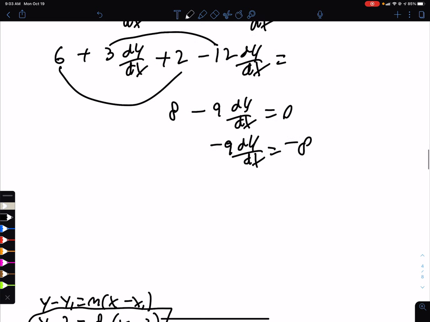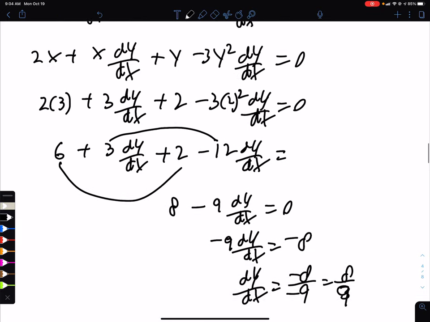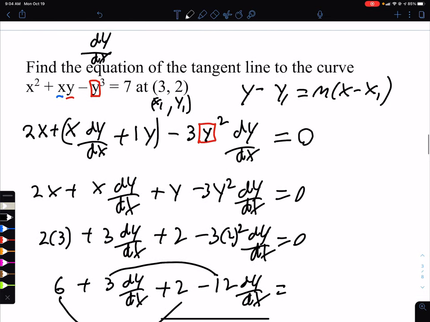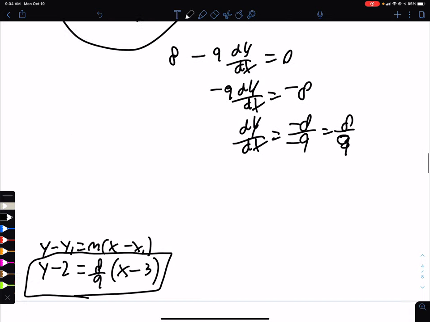Divide both sides by negative 9. So, same thing. Much faster, much easier. So if you're given a specific point, I would just plug the points in and not isolate the dy dx until after you plug the points in.